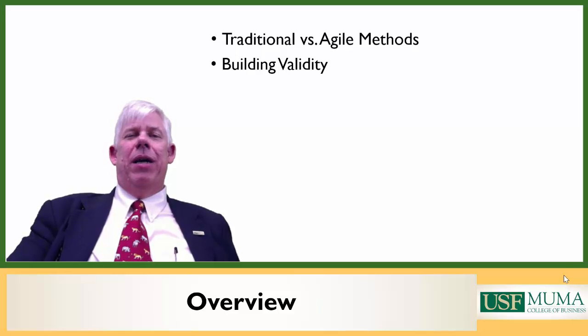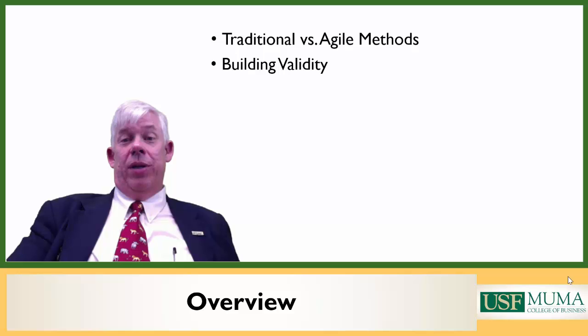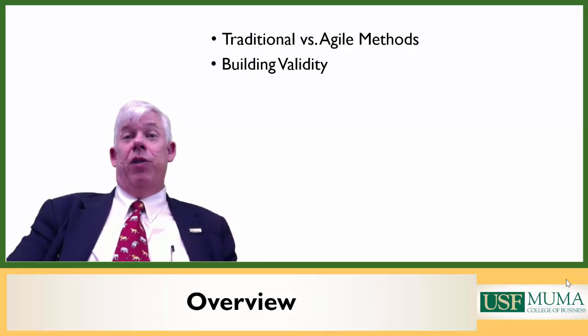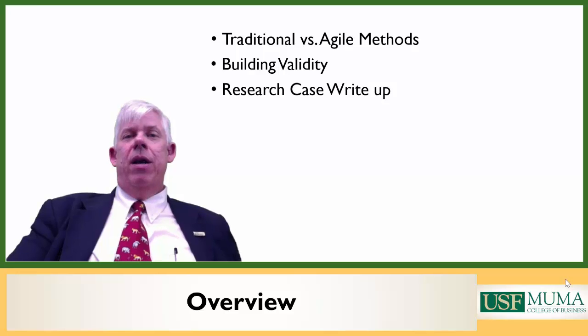We'll then talk about how you can build the validity of the research that you've done with the case method, because validity is going to be absolutely critical, particularly if you're trying to write case studies for publication. Finally, we'll talk a little bit about the research case write-up and some of the ancillary benefits of performing research cases.